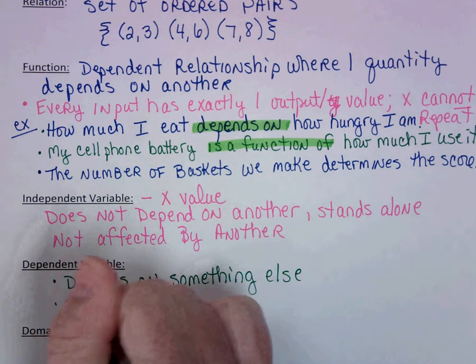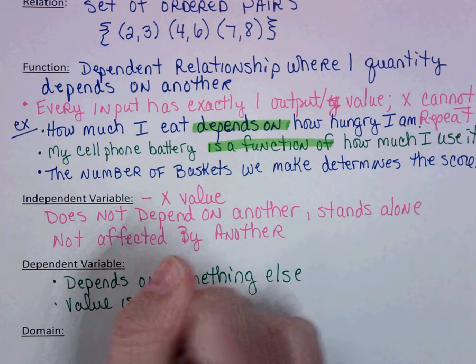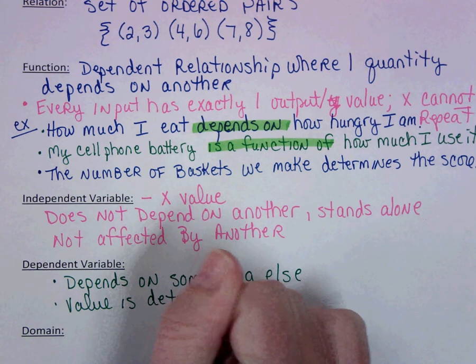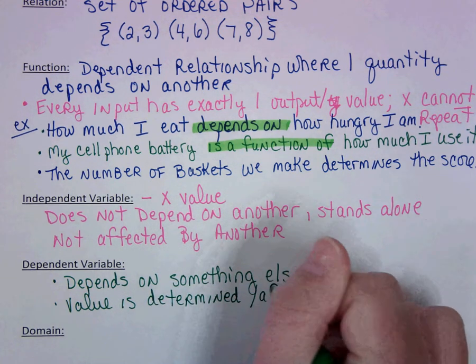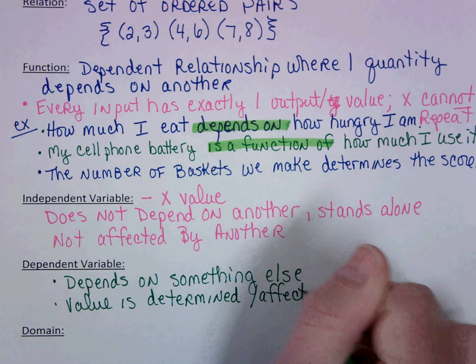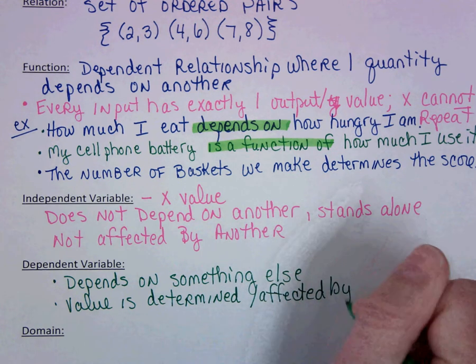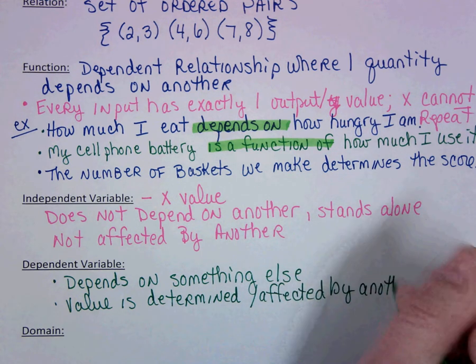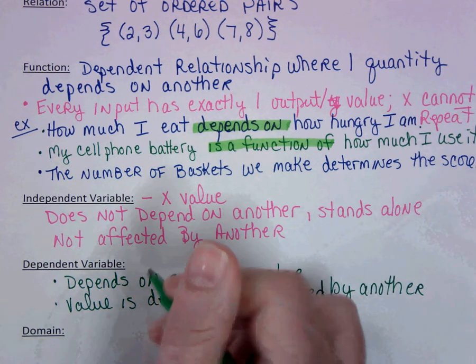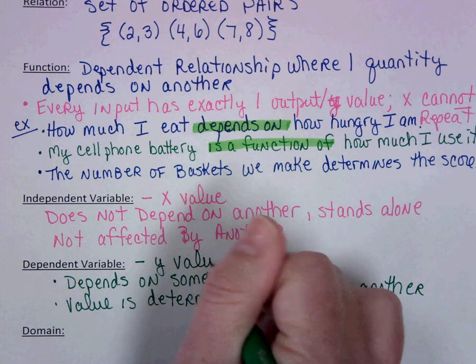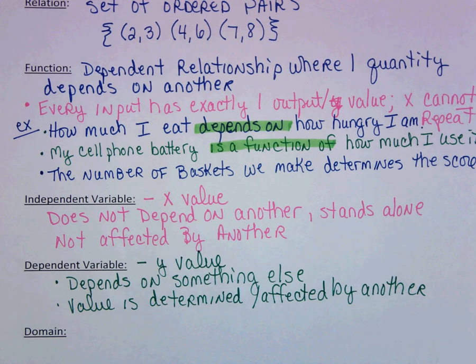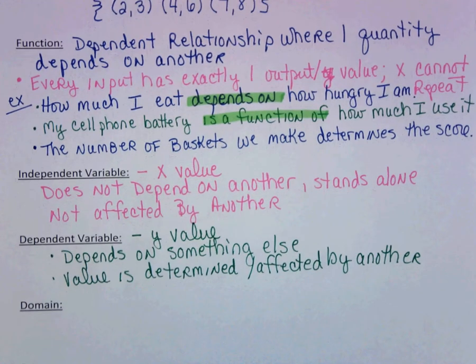The value is determined or affected by another. Since we said that the independent value is the x value, the dependent value is going to be our y value. We're not going to really talk x and y today, but we will tomorrow.